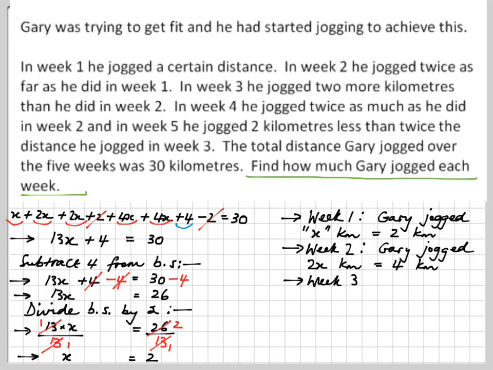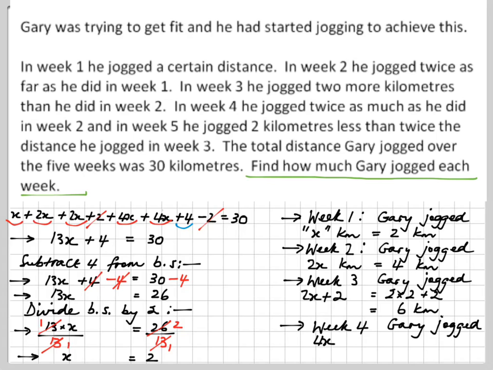Now, in week 3, Gary jogged 2x plus 2. Now, if x is 2, that's 2 times 2, that's 4, plus 2 gets us 6. Good work. Now, week 4, we worked out over the page that he did 4x. Okay, if x is 2, 4x is 8. You get the pattern, don't you? 2, 4, 6, 8. Guess what week 5 is going to be?